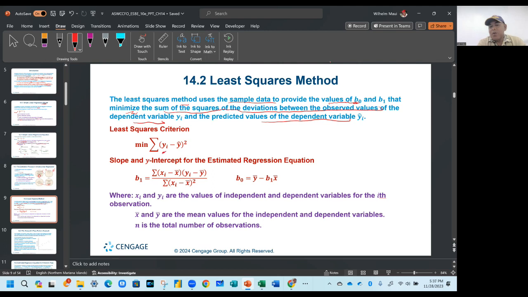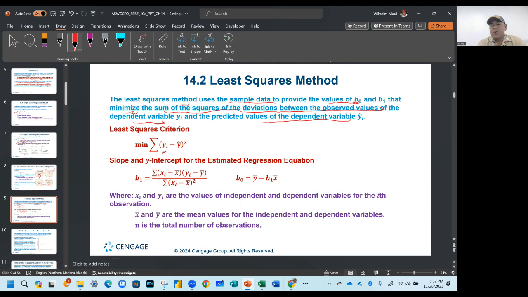So these notations are really giving us that. y_i is each of the observed values of y, the dependent variable, and y hat is the estimated value based on your simple linear equation.